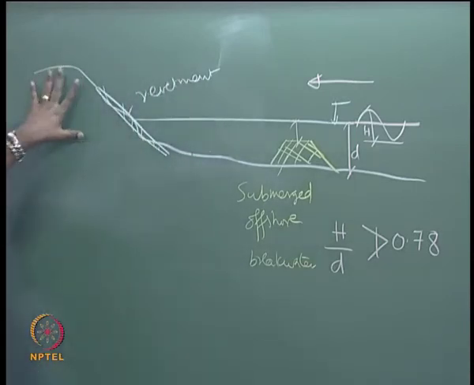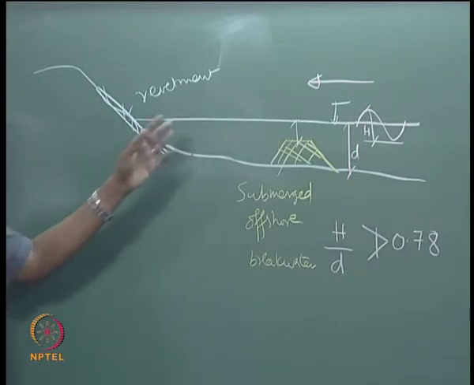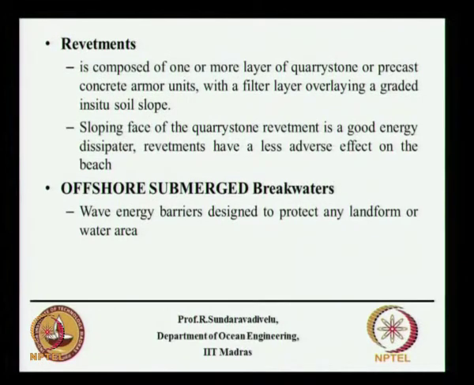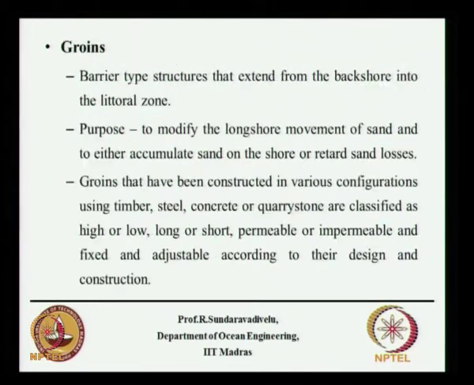Suppose you want to protect some land area here, you build this breakwater. It can run to about a kilometer or depending on where you want to build. It can be detached also, it need not be continuous.